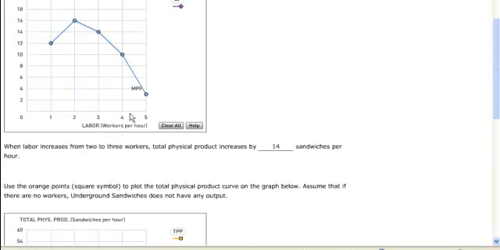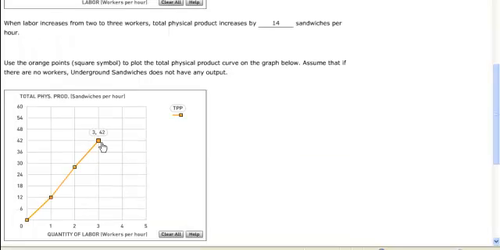When we add the fourth worker, that fourth worker is going to give an additional 10 sandwiches per hour. So again, we had 42 sandwiches per hour being produced. Add the fourth worker on, we're adding 10 sandwiches per hour extra. So the next point is going to be (4, 52). Okay.